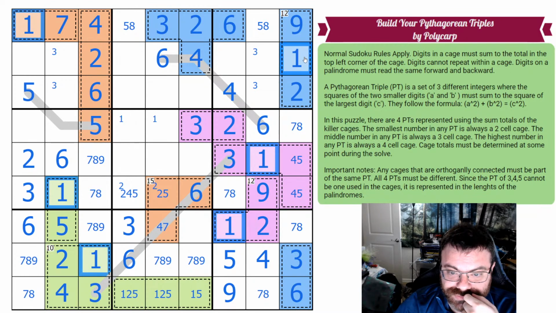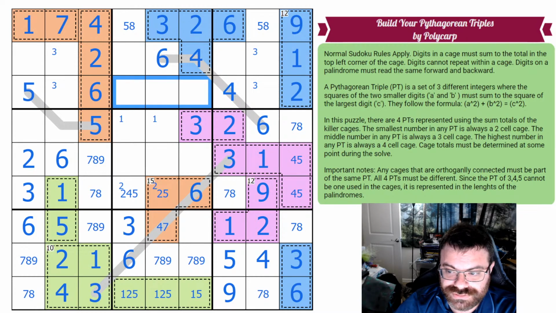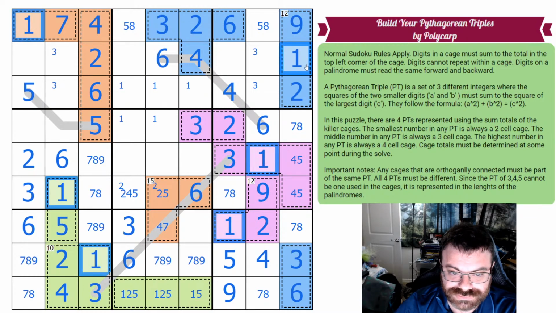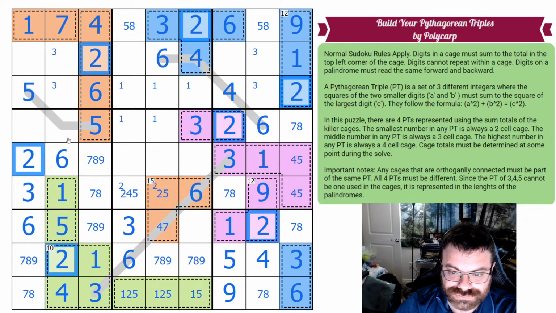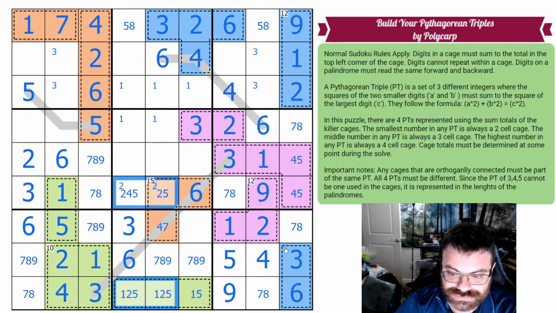Let's just go through. 1s. We just know they're here. Otherwise, they're filled. 2s. 2s are just these. I think 3s are just these.